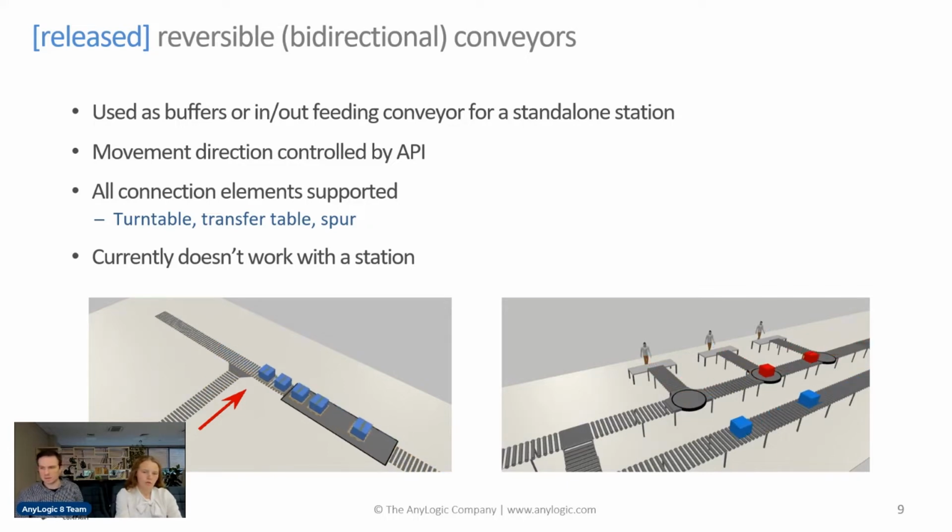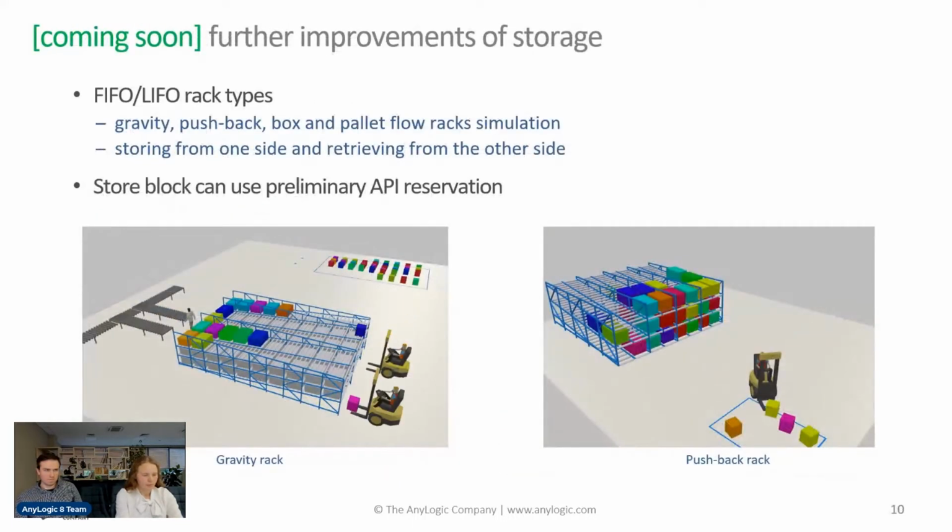I also want to highlight here that these types of conveyors can be connected to the conveyor network by turntables, transfer tables, and spurs. So all the connections that we have in AnyLogic conveyor networks are available. Okay, and let's return to the warehouses.